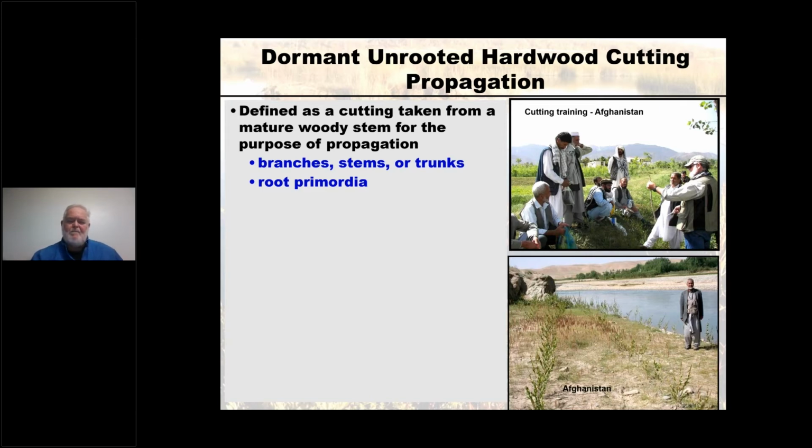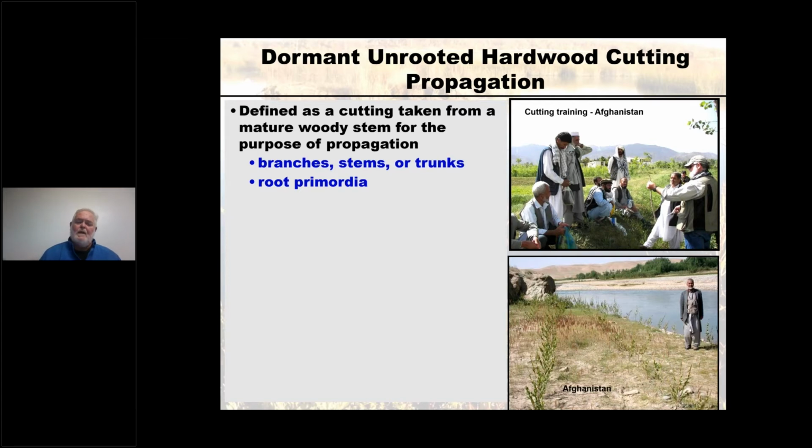With riparian plants, and there are a number of those, I'll talk about those in a minute, they have root primordia, or root buds, up and down the whole stem. When you plant those in the right spot and get the right conditions, then when you have soil to stem contact, you'll get root growth. And when you have air to stem contact, you'll get leaves and shoots.